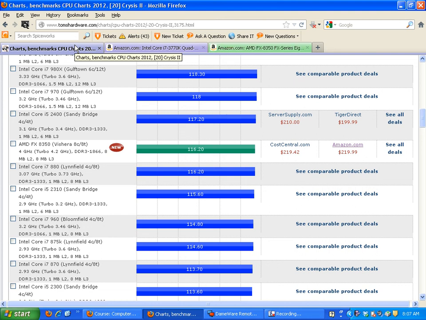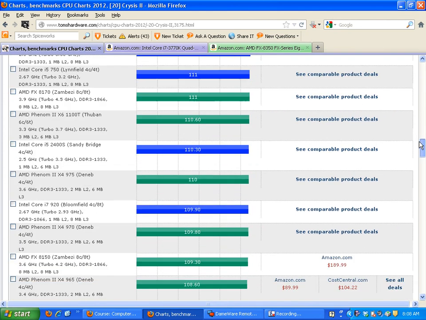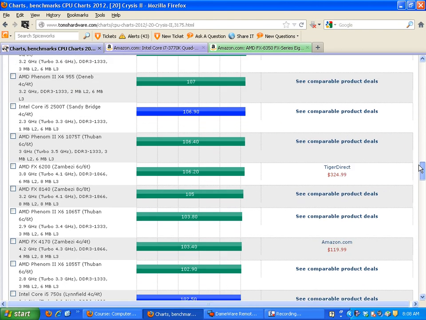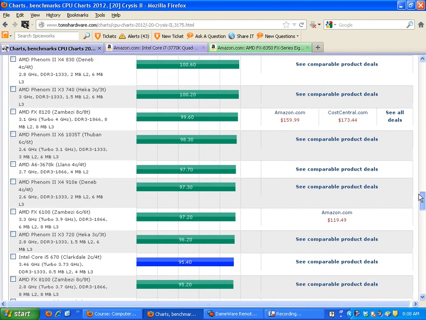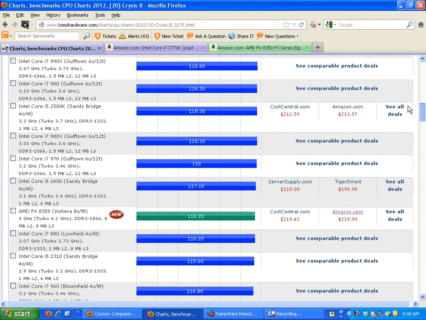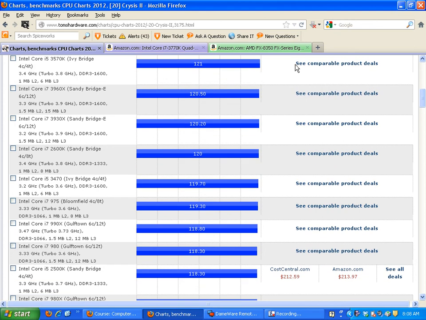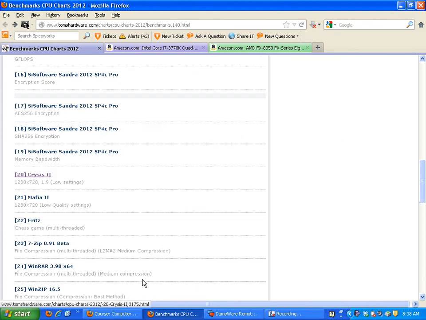Although right here, that's just a little bit faster, and it's saying $199. That's actually abnormal. You don't see a lot of ads for AMD, which is why AMD is usually the less expensive option. But you can see when we get down here, AMD for a long time was just as fast as Intel, but the newest Intel processors that have come out are faster than what AMD's come out with. So you've got that chart to look at as well.